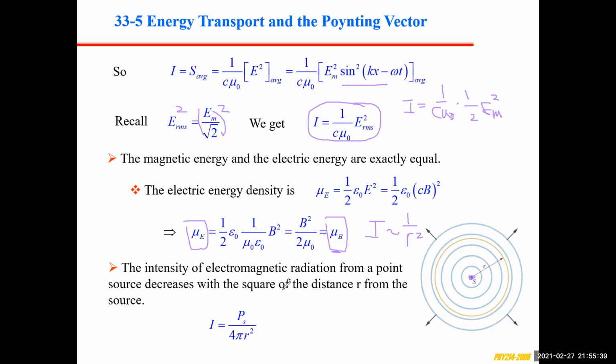So the equation is basically equal to the power at the source at the center over the area, and the area of a spherical shell is 4 pi r squared. So the farther away, the smaller the intensity, until it has very low intensity when so far away.